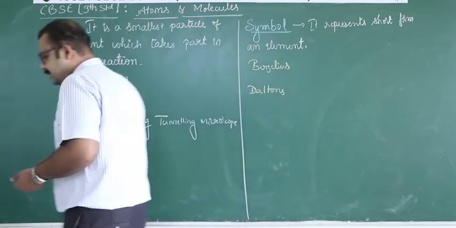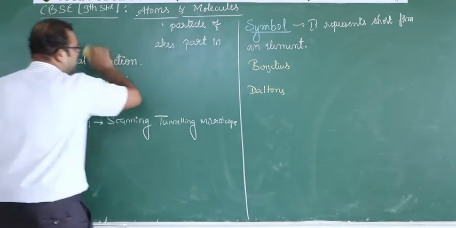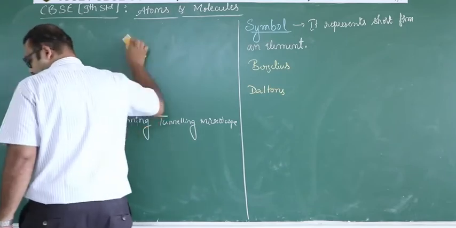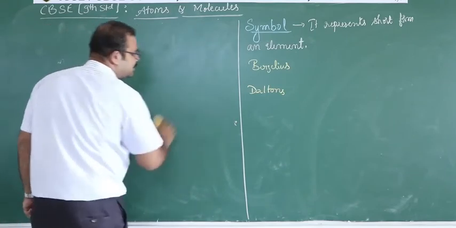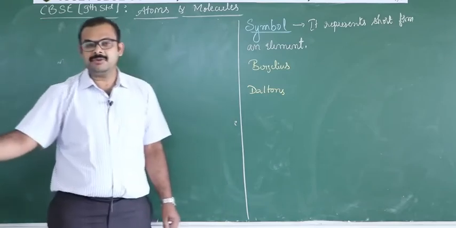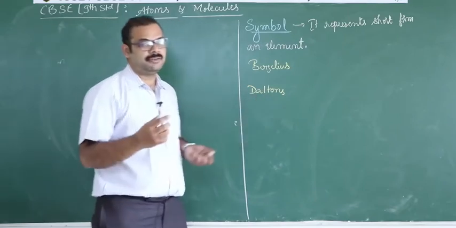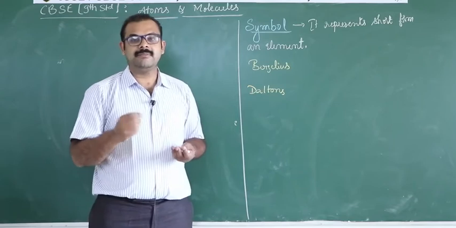These are the scientists who showed how to represent an atom. Among them, Dalton was the first who represented an atom by a symbolic method.